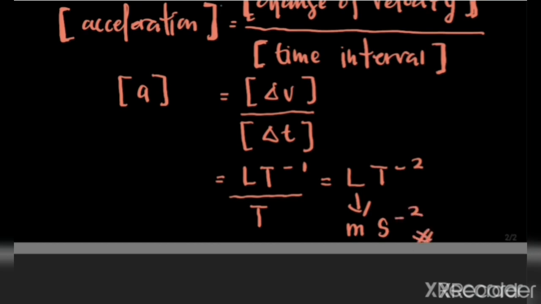Therefore, the SI unit for acceleration is meter per second squared.